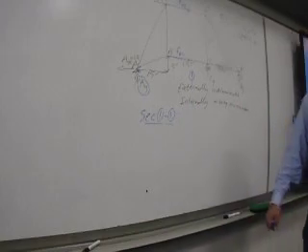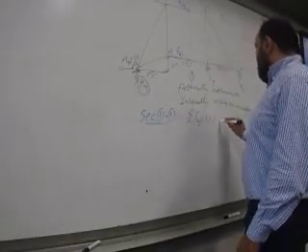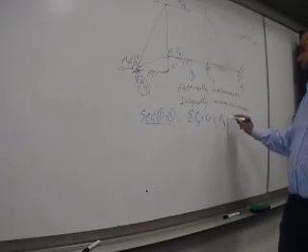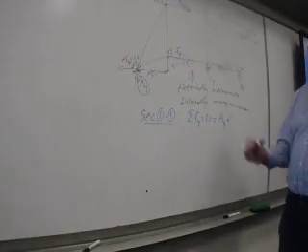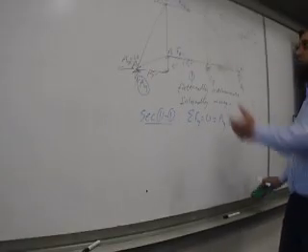I'll not start with the moment at all. It's not always the case that you will start with the moment. If you just take sigma Fy, you'll get Ay. Sigma Fy equals 0, it's equal to Ay plus nothing. There's nothing in the vertical direction other than the Ay.